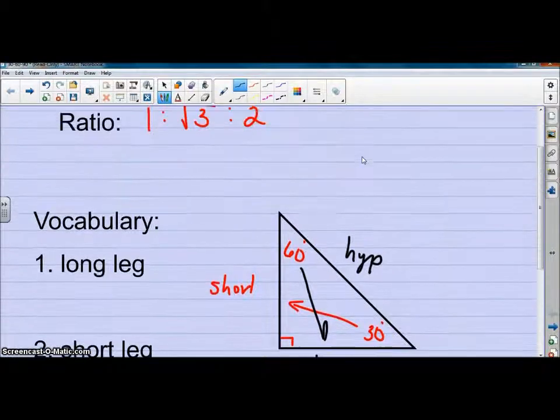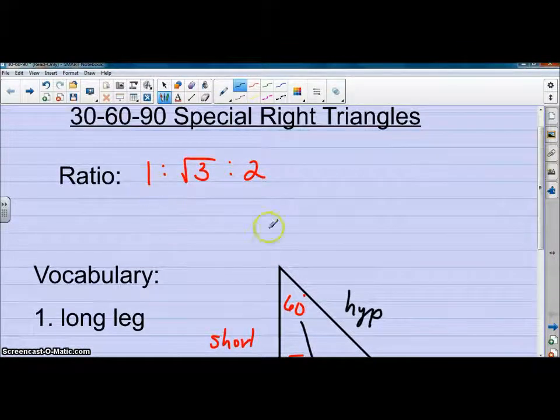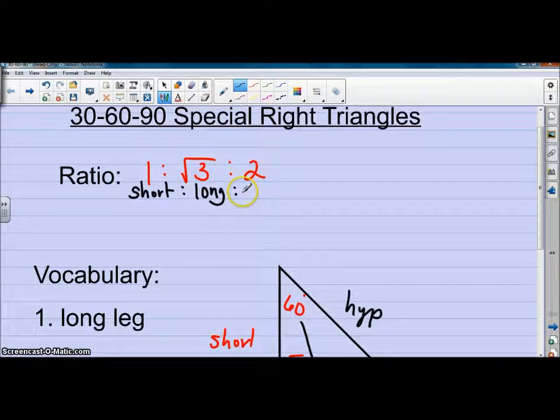That brings us back to the ratio. The 1 is what corresponds to the short leg. The square root of 3 is what corresponds to the long leg. And the 2 is what corresponds to the hypotenuse.